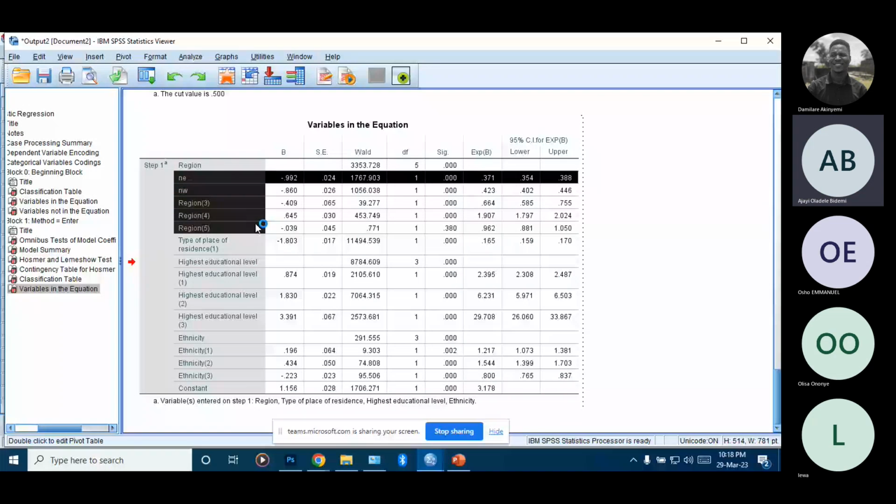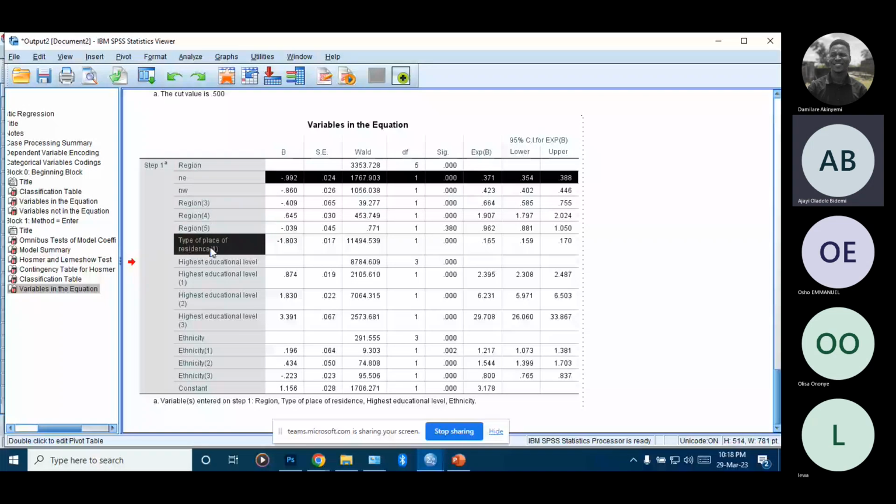And we're going to see how we interpret with our reference category, which is where we are going majorly. Now, for place of residence as well, we have two places of residence, urban and rural. The urban was the first and the rural was the second. It used the urban as our reference category, so it is not included.